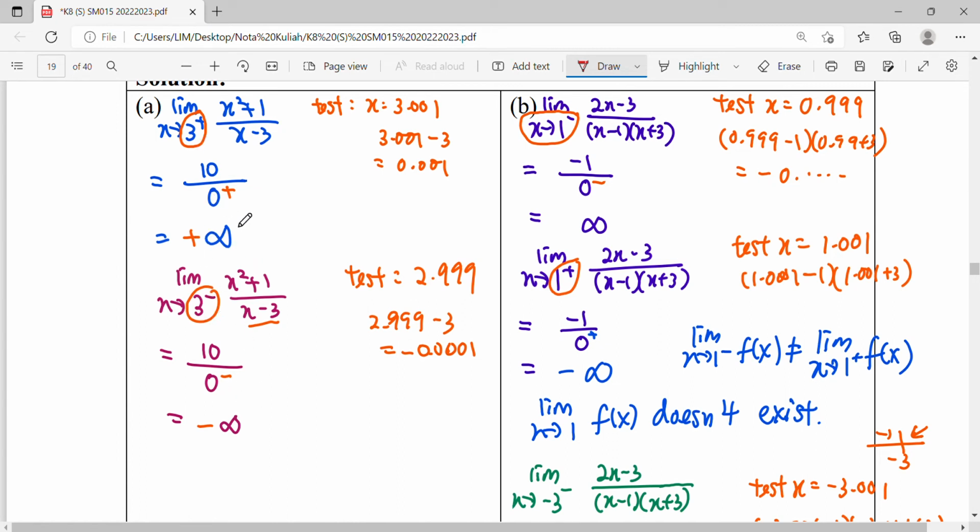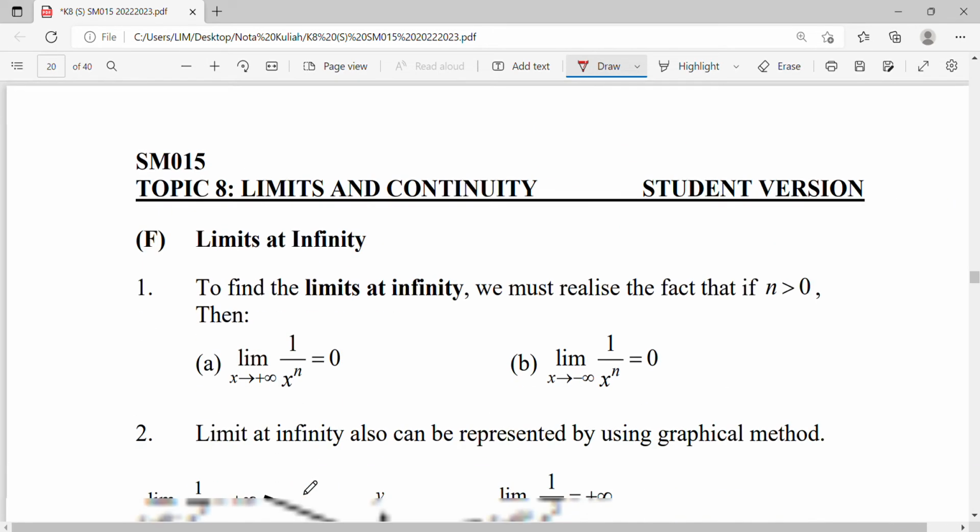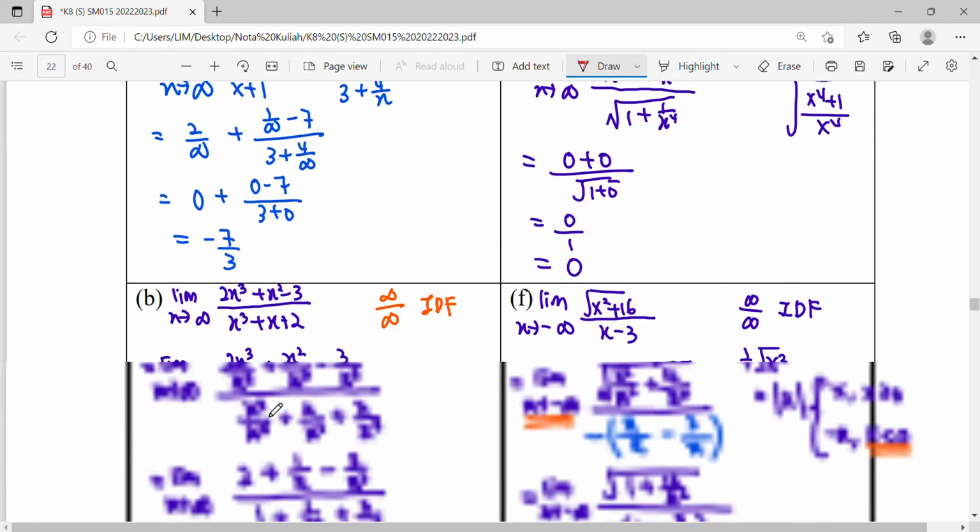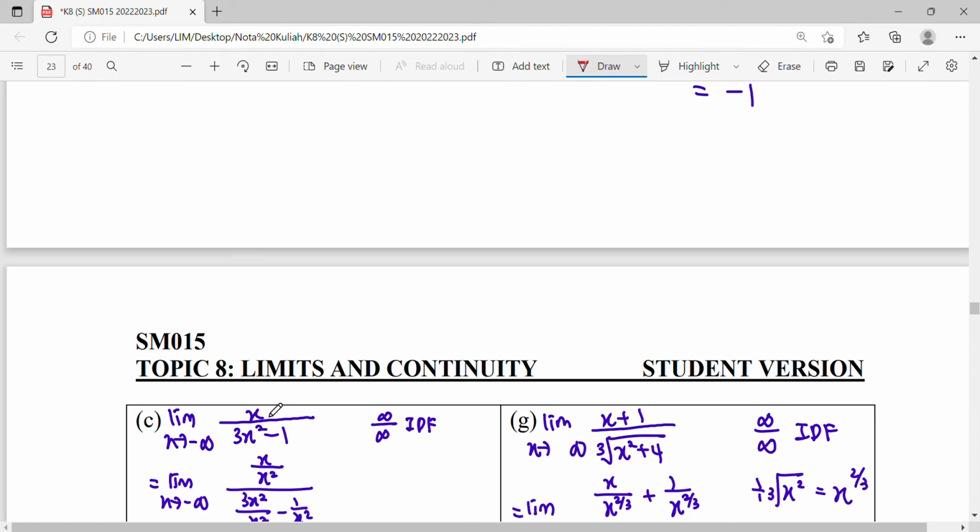So from here, what can you conclude? Means x equals to 3 is your vertical asymptote. So we're going to apply one-sided limit in finding vertical asymptote. We're going to apply limit at infinity to find your horizontal asymptote.